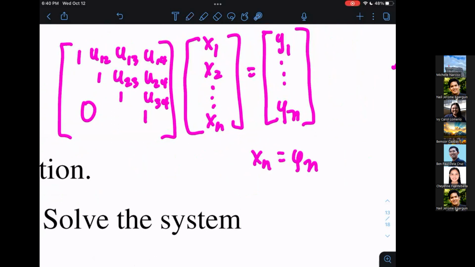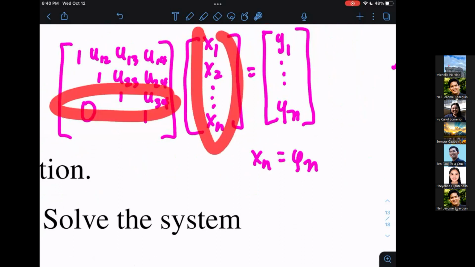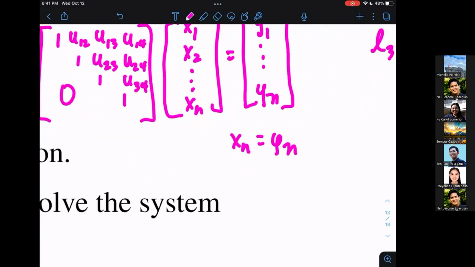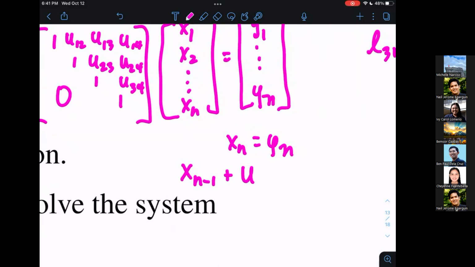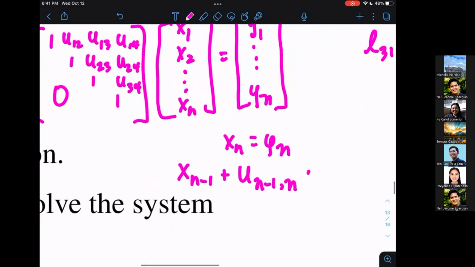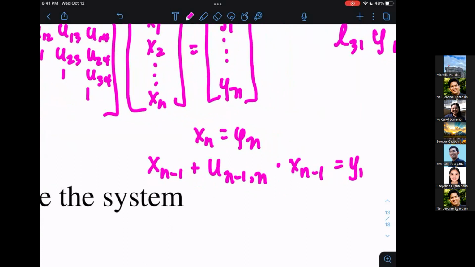And then we move backward, pataas. So ito naman, yung second to the last row times this guy. So we'll have x sub n minus 1 plus yung entry ng upper triangular matrix sa previous row na. So that's gonna be u sub n minus 1 comma n times x sub n ay equal dapat kay y sub n minus 1.